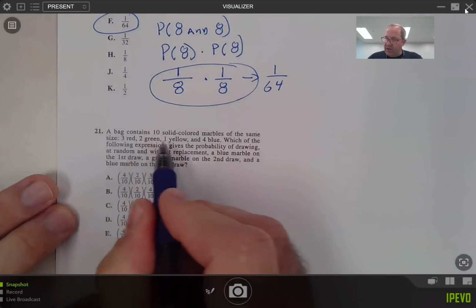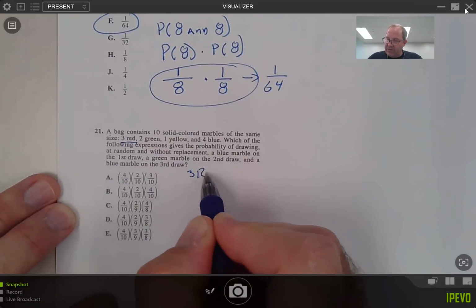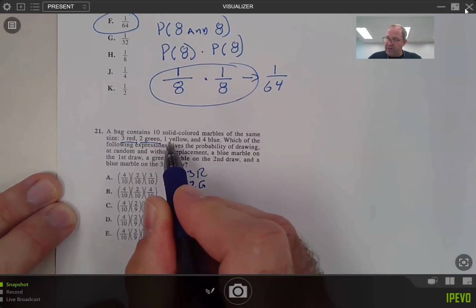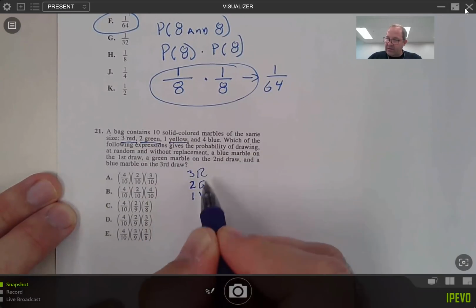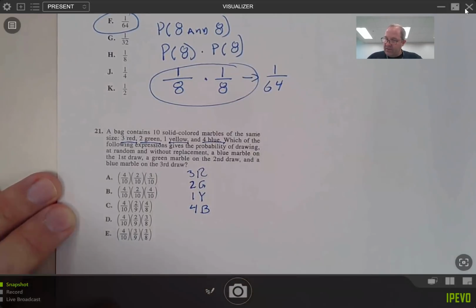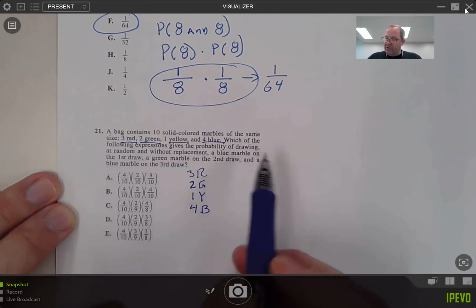And again, if we read along, we can see that there are 3 red marbles. So 3 red, 2 green, 1 yellow, and 4 blue. Which of the following expressions gives the probability of drawing at random without replacement a blue marble?